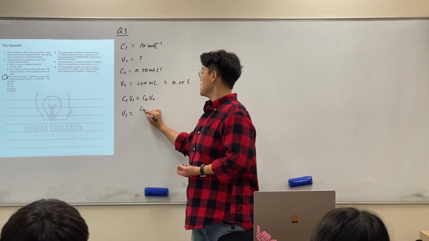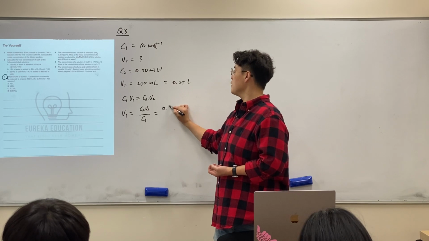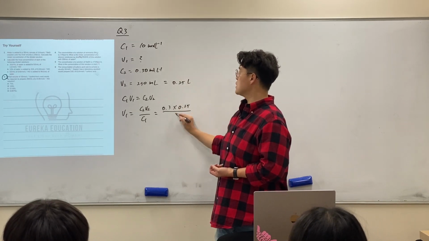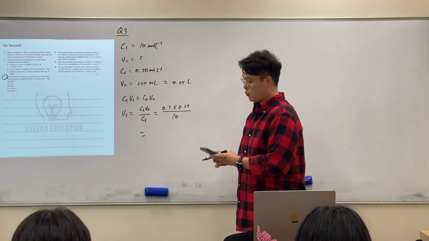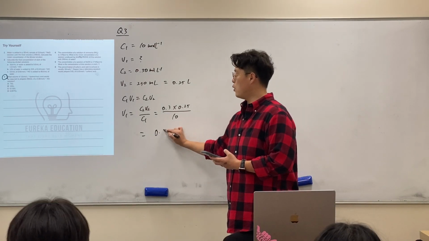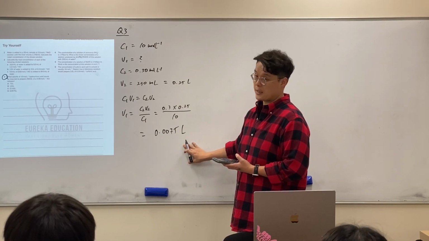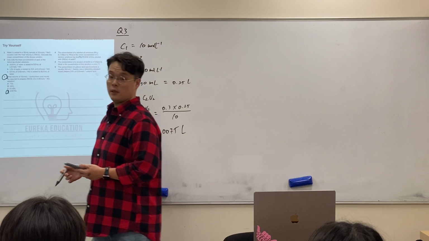V1 equals C2V2 divided by C1. So 0.3 times 0.25 divided by C1, which is 10. If you calculate it correctly, you should get 0.0075 liter. So in terms of that, it's given as answer D.